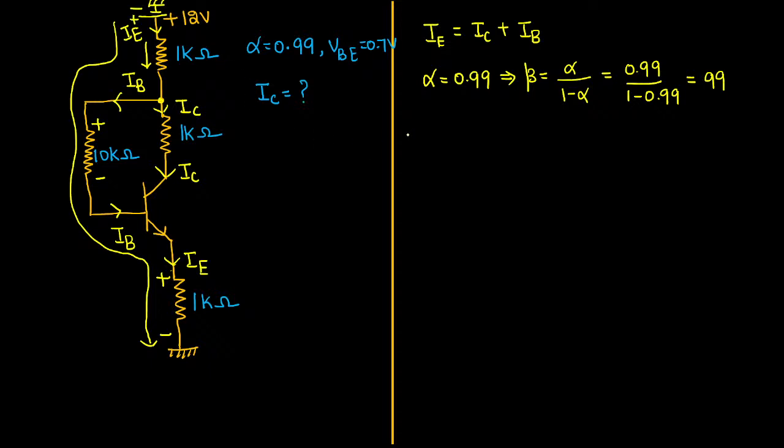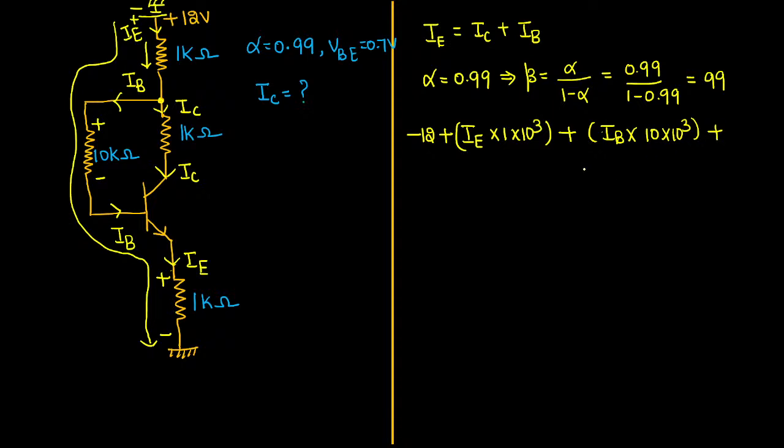Now if you apply KVL, you will get minus 12 volts plus emitter current IE into the resistor, which is 1 kilo ohm. 1 kilo ohm means 1 into 10 power 3. Plus the next, the 10 kilo ohm resistor. What is the current flowing through the 10 kilo ohm resistor? Base current. 10 kilo means 10 power 3.